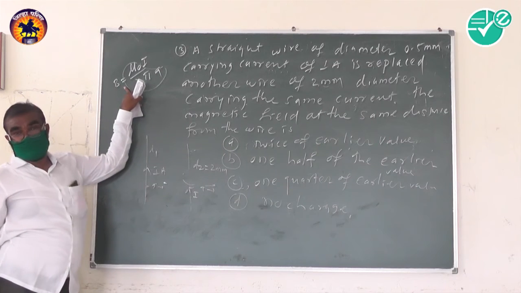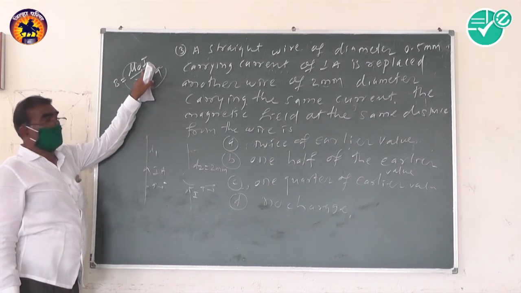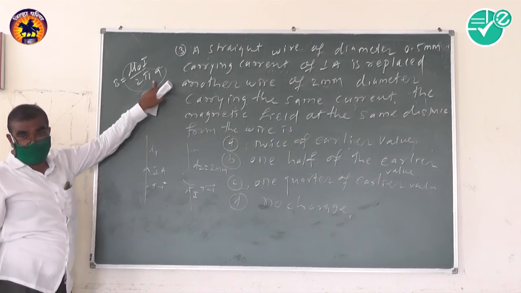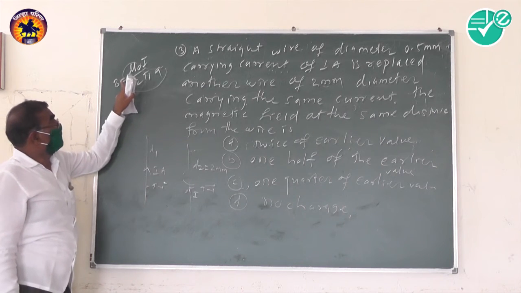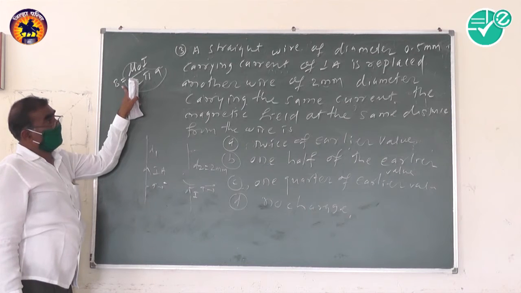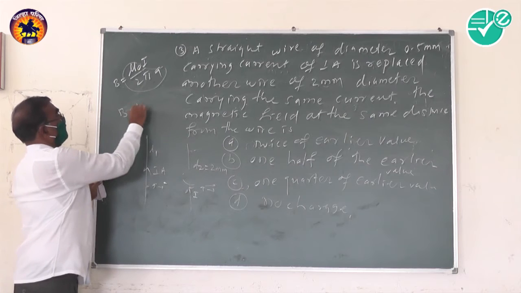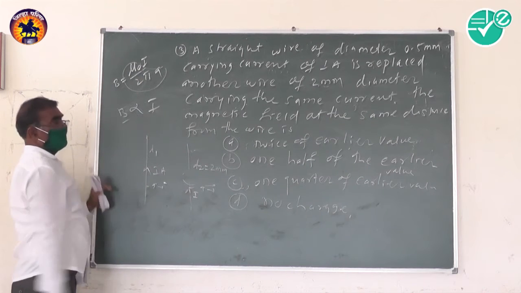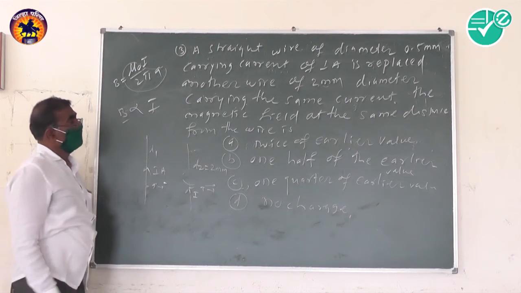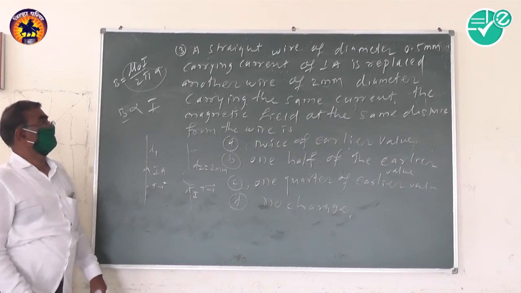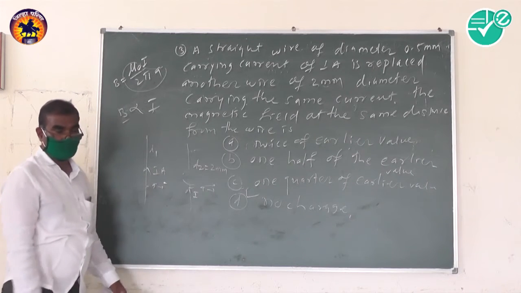That equation does not contain the diameter, so the magnetic induction at a point does not depend upon the diameter; it is directly proportional to I. By changing the diameter, the magnetic field is the same, that is no change. The multiple choice D is correct.